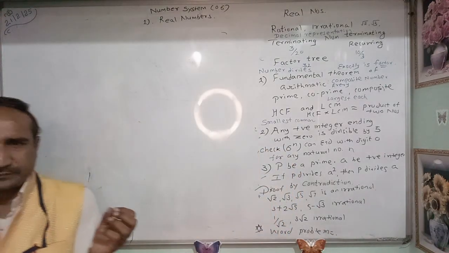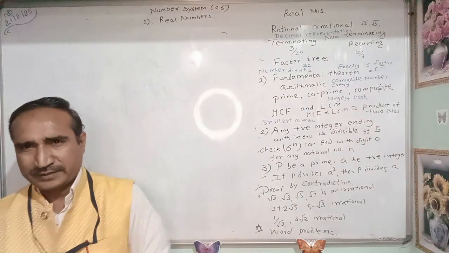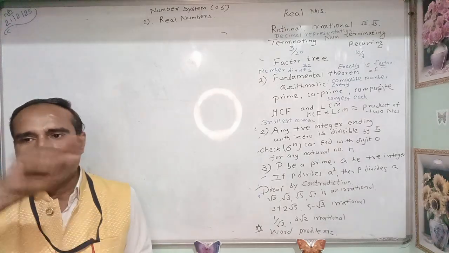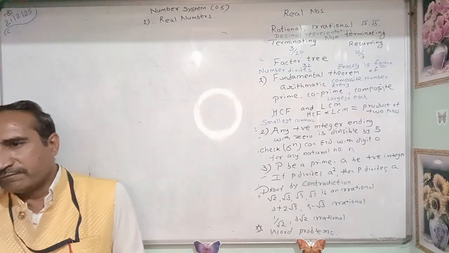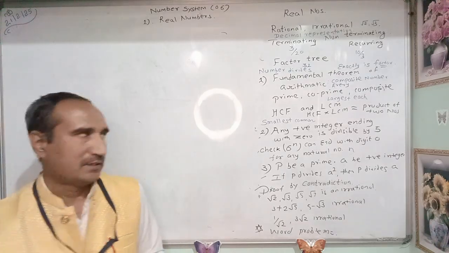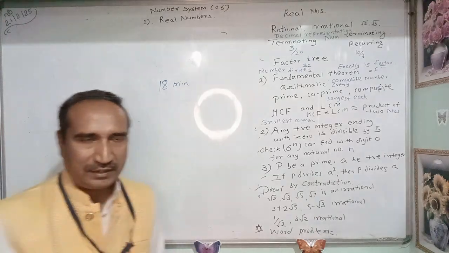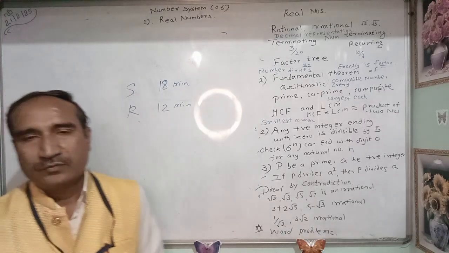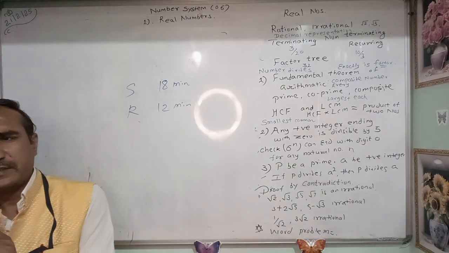One word problem I am taking. There is a circular path around a sports field. Sonia takes 18 minutes to drive one round of the field, and Ravi takes 12 minutes.